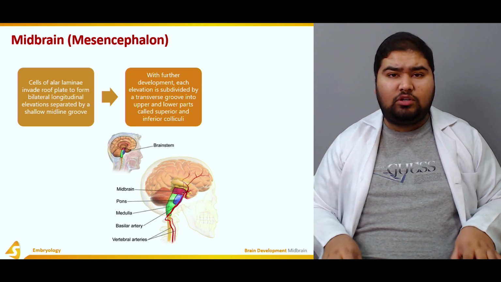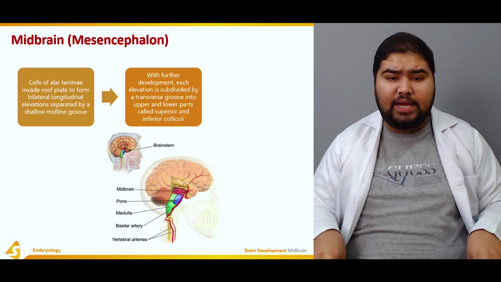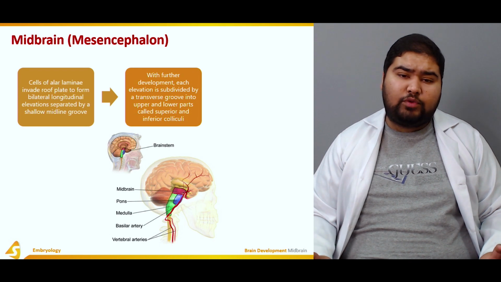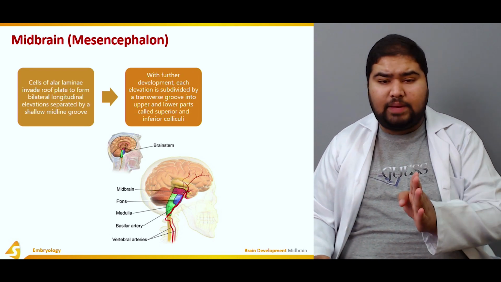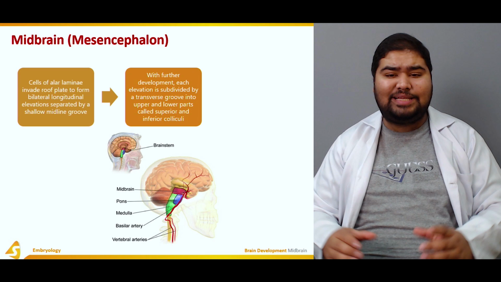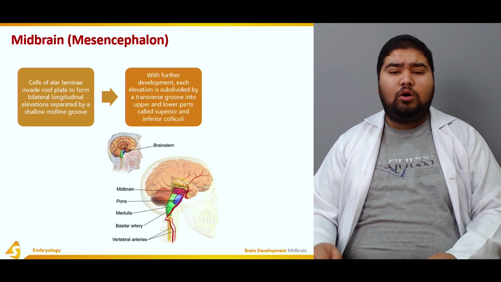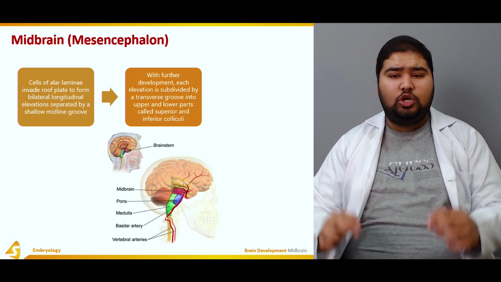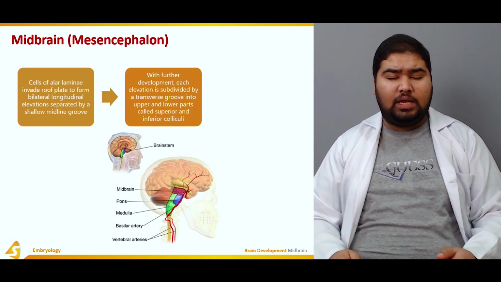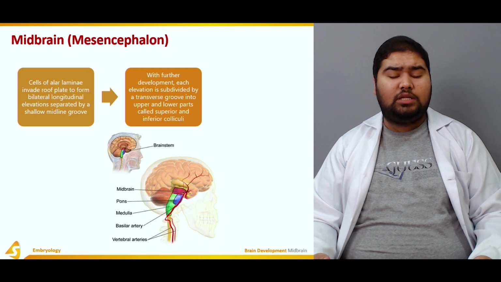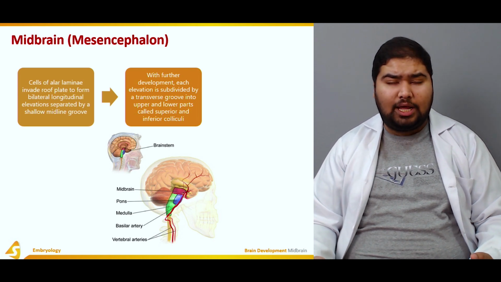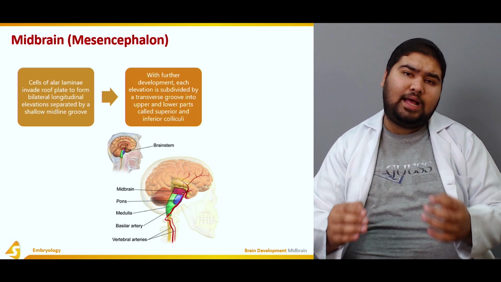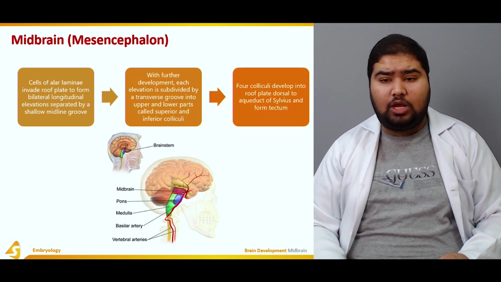After invasion of the roof plate, it forms separate elevations which are separated by a shallow midline groove. These elevations with development also develop a transverse groove. Now there are 4 elevations, 2 superior and 2 inferior. These elevations are known as colliculi, the superior colliculi and the inferior colliculi.